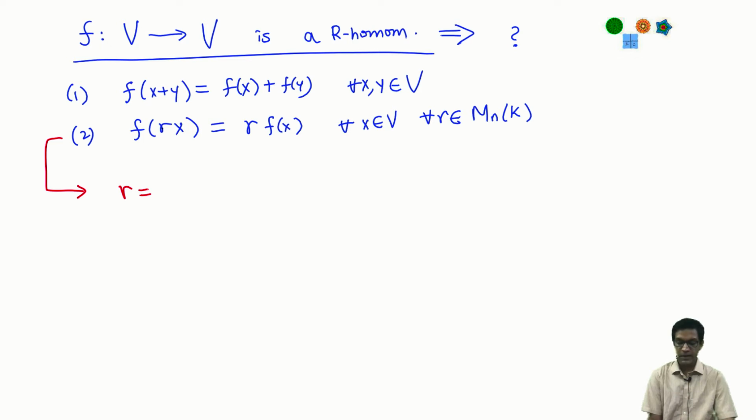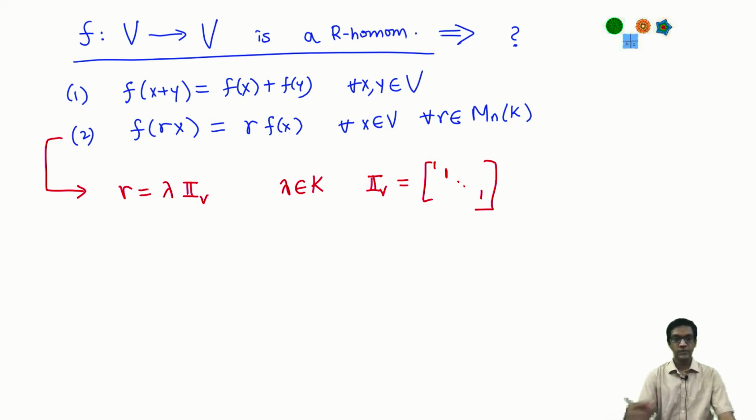Let me take my ring element R to be the identity matrix, or more generally lambda times identity, where lambda is an element of K and I just denotes the identity matrix. So lambda times identity is the scalar diagonal matrix with all lambdas along the diagonal. Suppose I take this particular ring element and see what it implies.